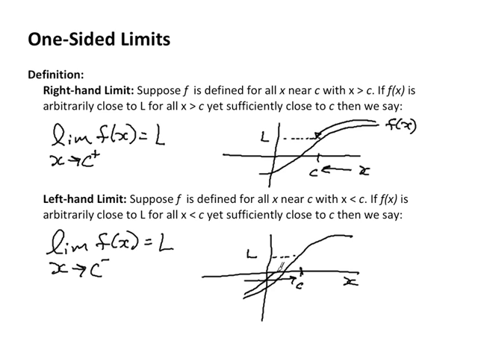My graph is approaching L. So that means the limit is L. So the limit from the right in this case is L, and the limit from the left in this case is L. In this case, both L's are the same because, in theory anyways, this is the same function. I'm approaching the same value of c here.